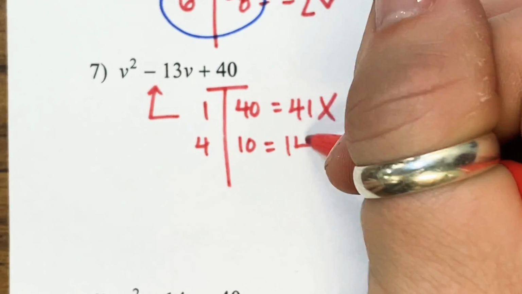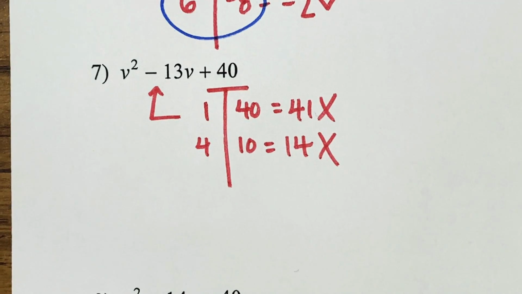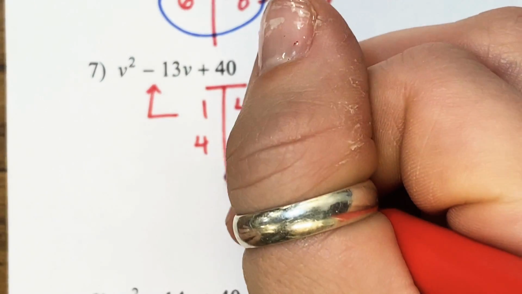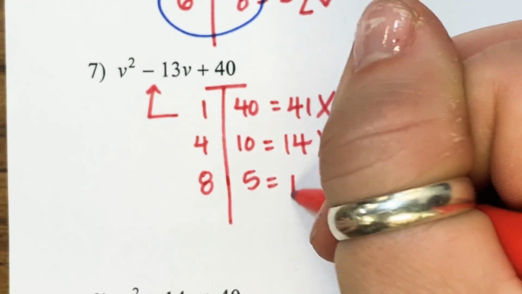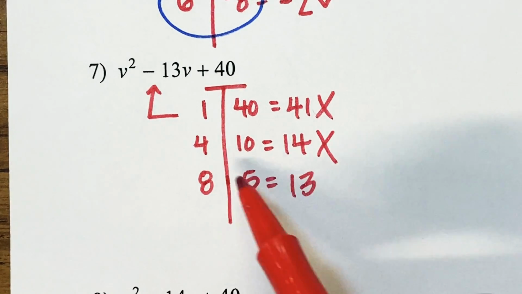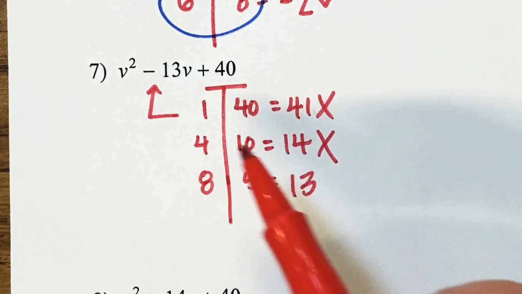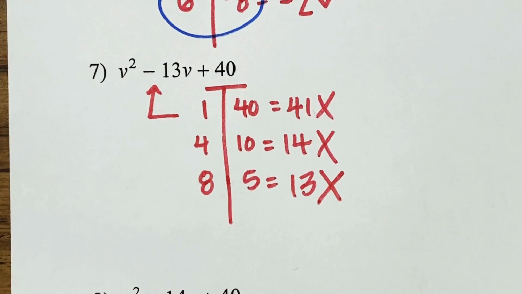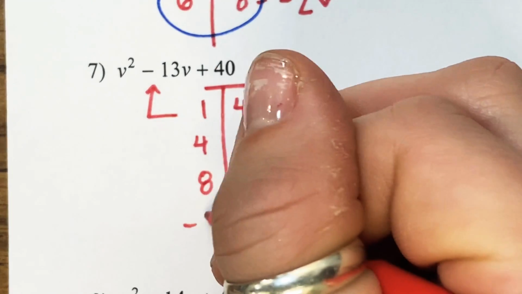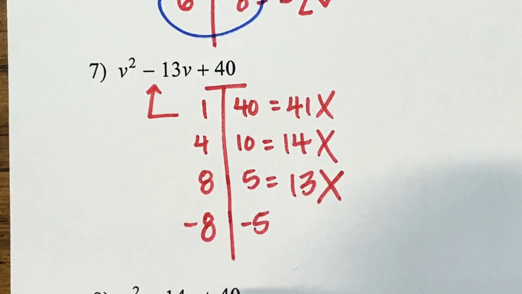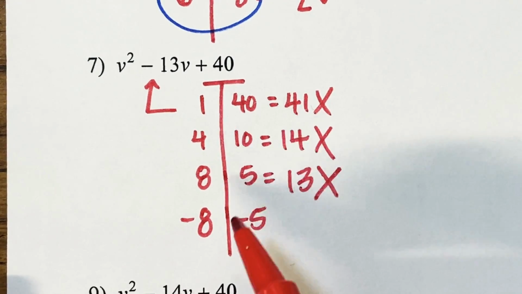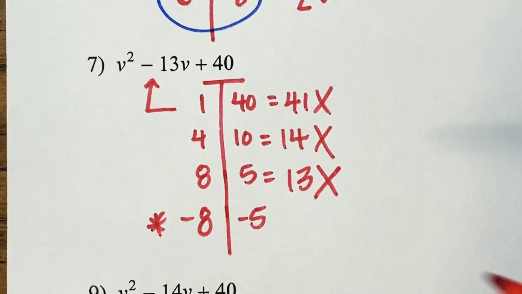That gives us a +14, so still not it, but we're getting closer. What about 8 times 5? Ooh, that gives us 13, but is it a -13? No, it's not. But can't we multiply a negative times a negative to give us a positive? Yes, we can. Okay, that's super important.